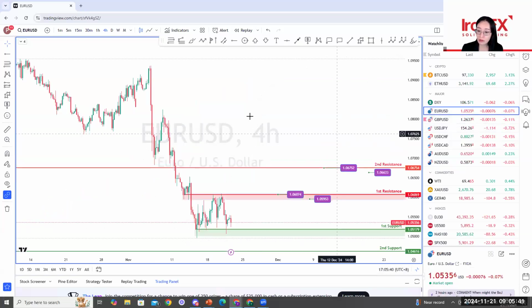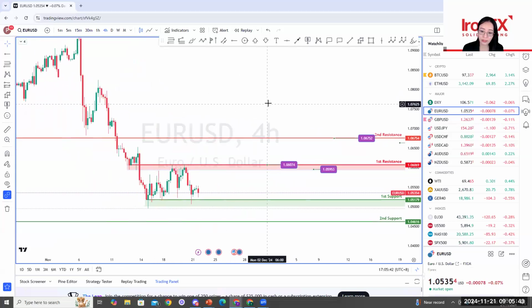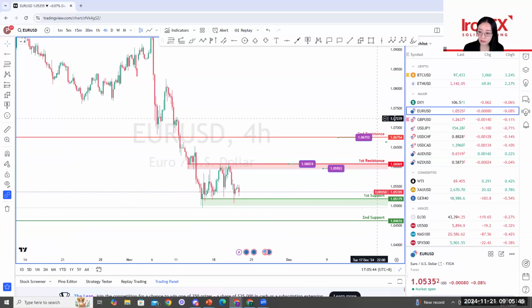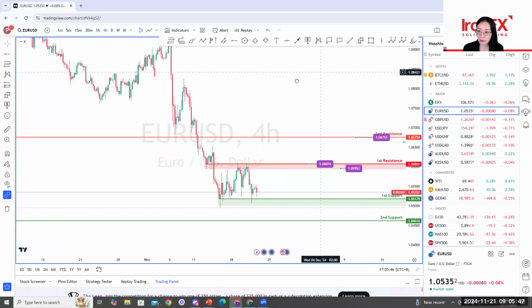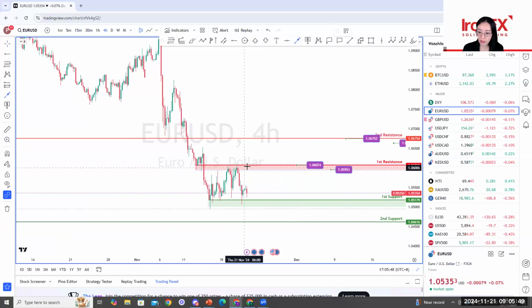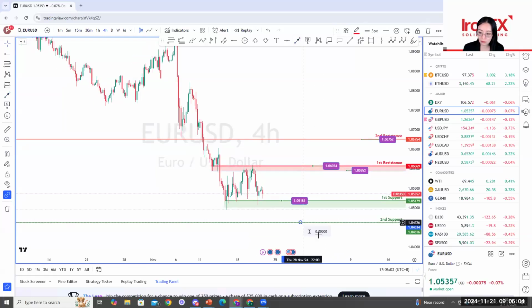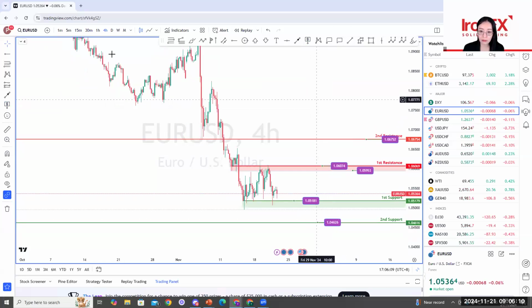Okay, go ahead to Euro as well. EURUSD is also ranging. What sell here, and it's the TP, and then price bounced off from the support level, which is this number. It's still ranging, so we need to watch out for the zone. Do you think that price will go up or go down?